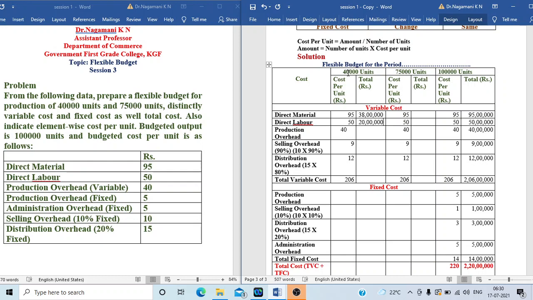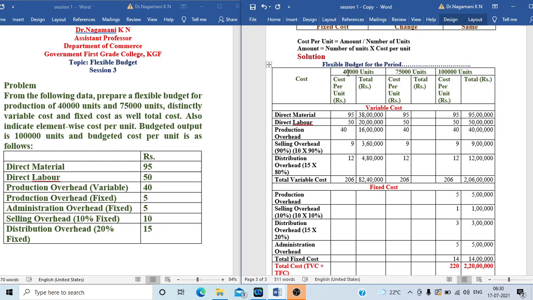Then 40 into 40,000 units, 16 lakhs. Next, 9 into 40,000, 3 lakh 60,000. Then 12 into 40,000, 4 lakh 80,000. The total is 82 lakhs 40,000. Likewise, we have to calculate it for 75,000 units.